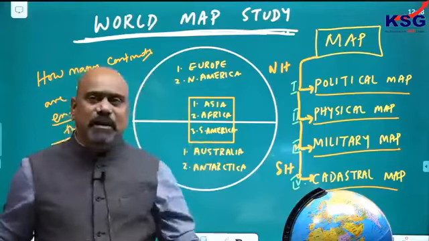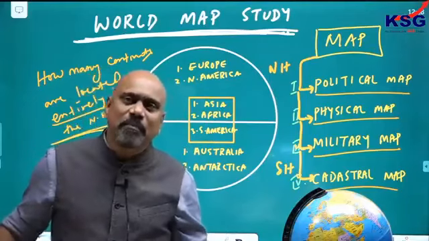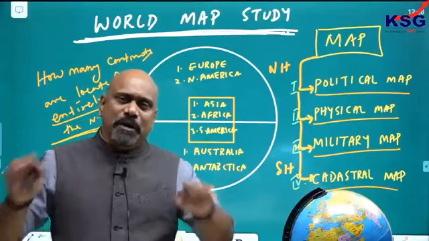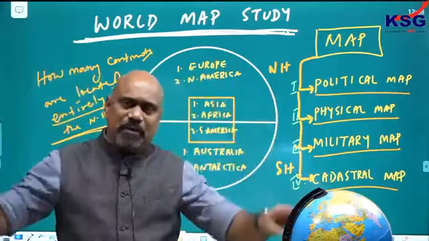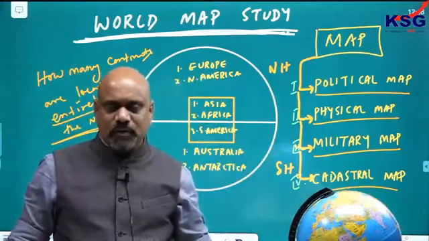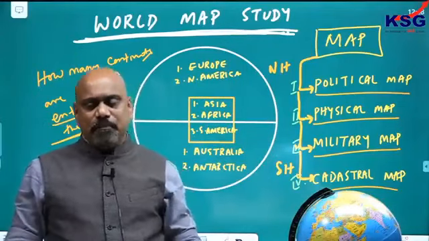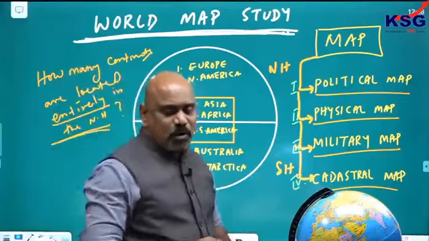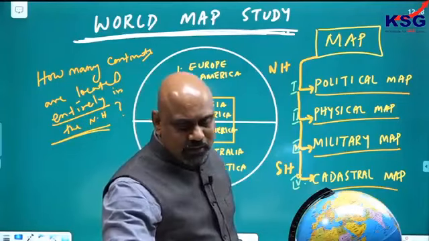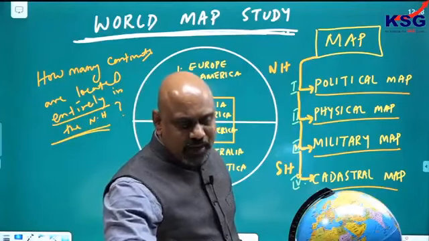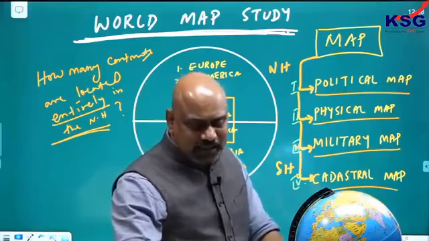State boundaries are there, district boundaries are there. So the political map only shows the political boundaries. On the contrary, the physical map shows the physical aspect.